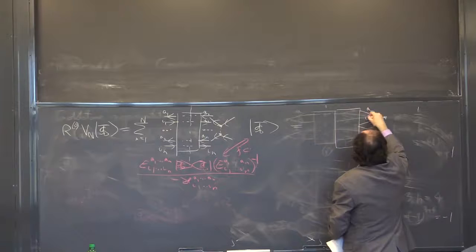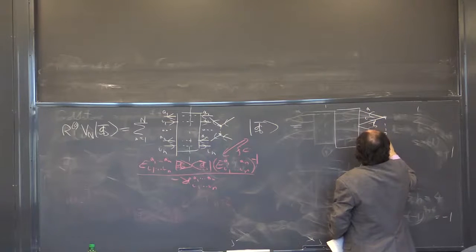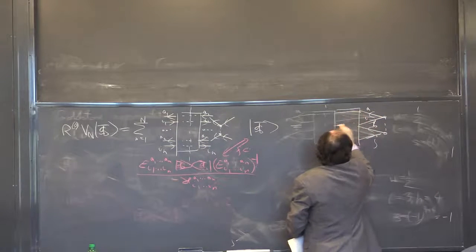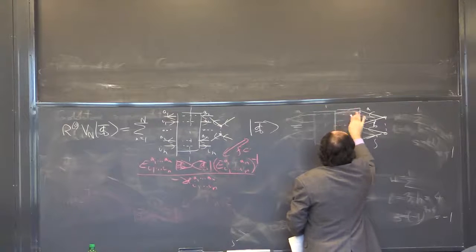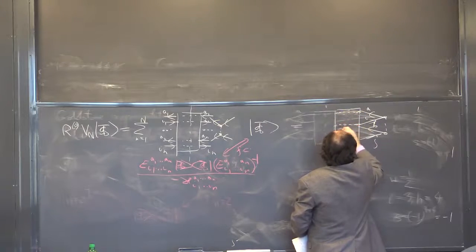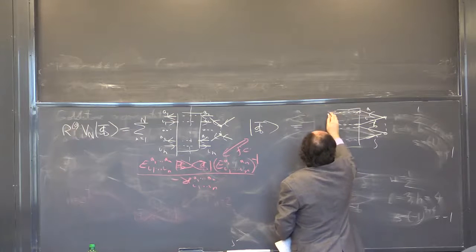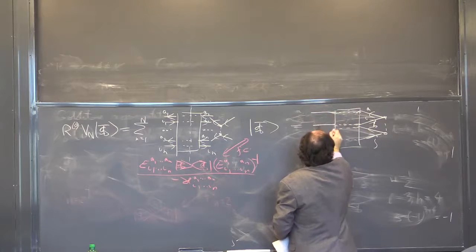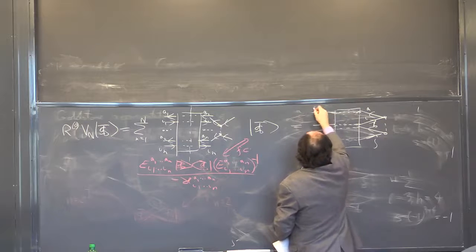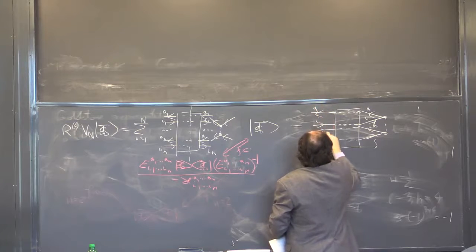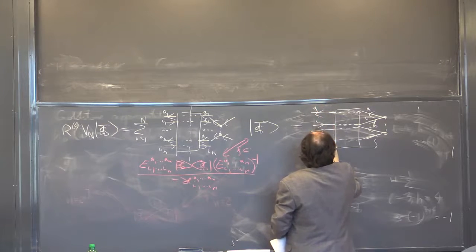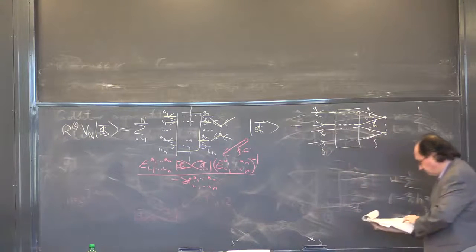Okay, A, I, B, J. Dotted lines. Do that. Okay. Leaving here. So we have A, I, B, J. Okay.